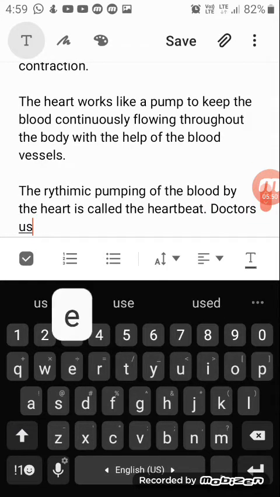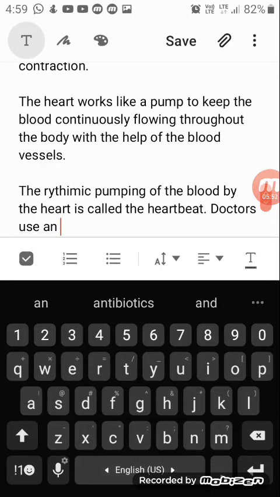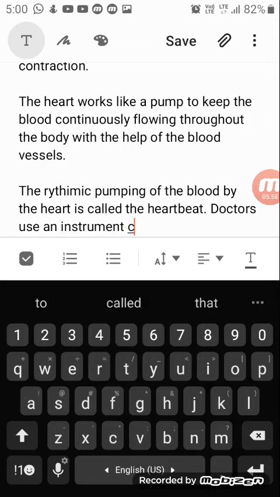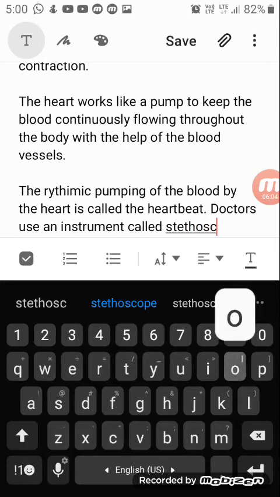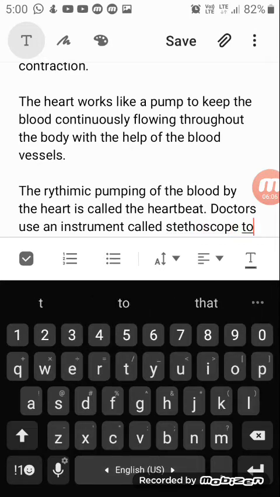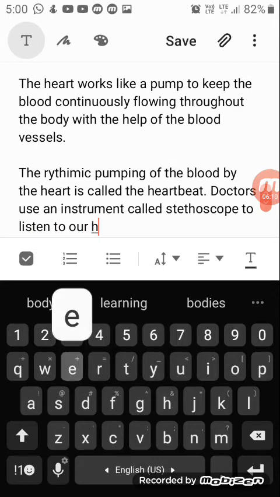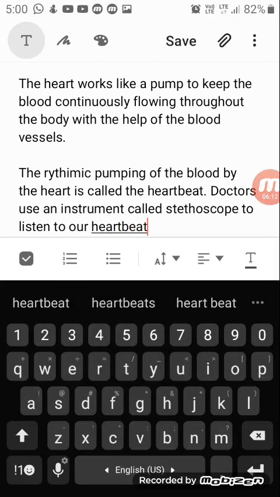Doctors use an instrument called a stethoscope to listen to our heartbeats.